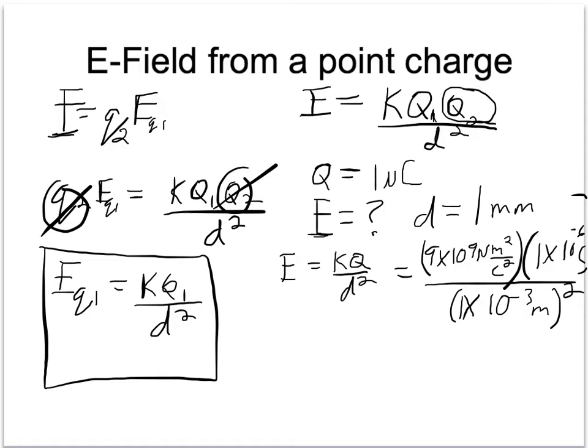And now we find what the electric field strength at that point would be. And I find that the electric field strength at a distance of 1 millimeter would be 9 times 10 to the 9 newtons per coulomb.